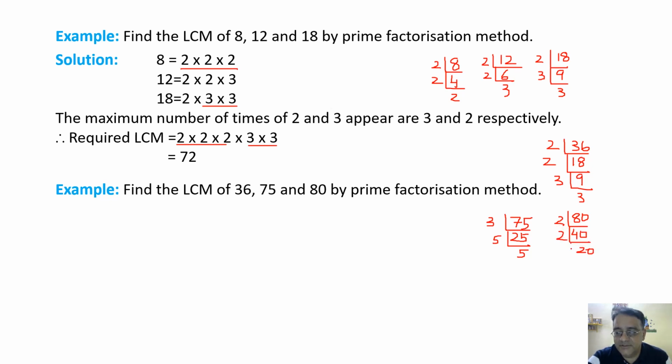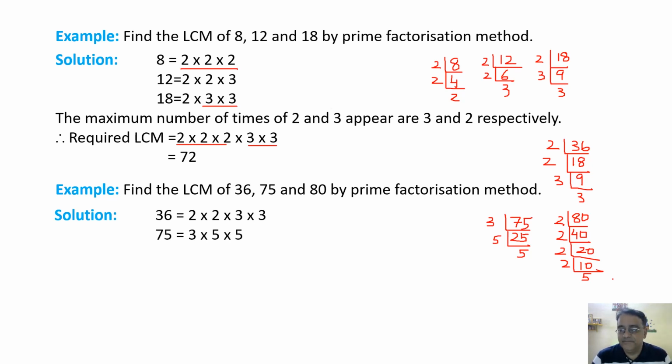Again divided by 2, 10. Again divided by 2, 5. Stop. Right. So the prime factorization of 36 is 2 into 2 into 3 into 3. And the prime factorization of 75 is 3 into 5 into 5. And the prime factorization of 80 is 2 into 2 into 2 into 2 into 5.